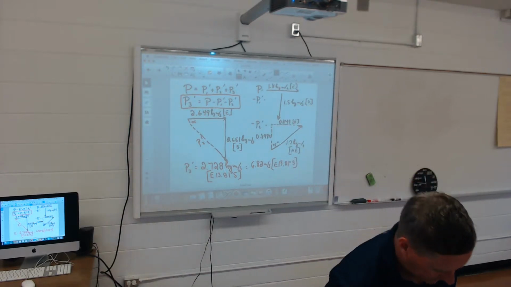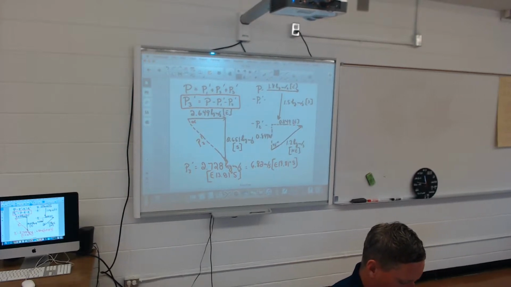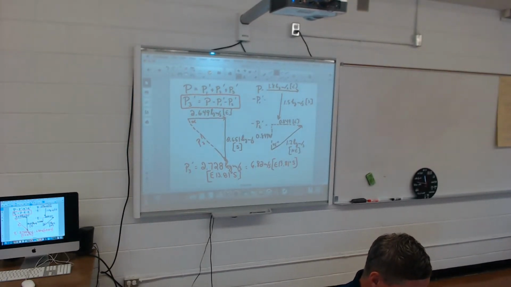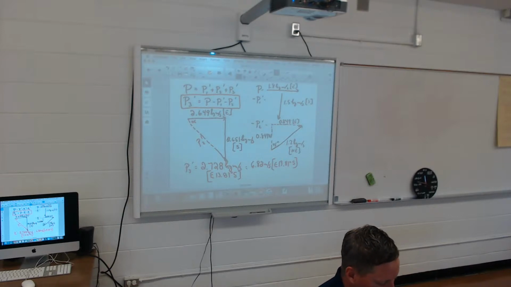Okay, since we did this, let's go through it. Page 303 and 304, 1 to 5.